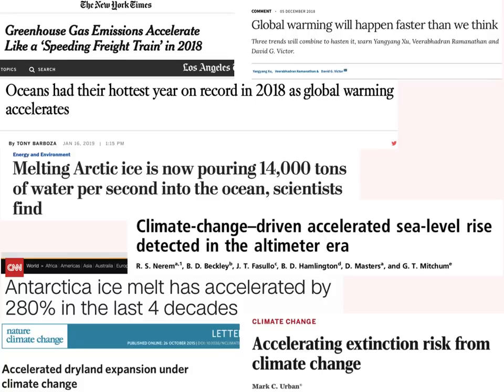The Antarctic ice is melting faster. Tremendous acceleration in sea level rise and warming overall. So it's imperative that we begin to focus on this problem and address it before the acceleration gets even larger, which is quite possible in time.